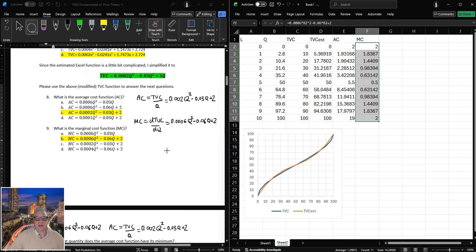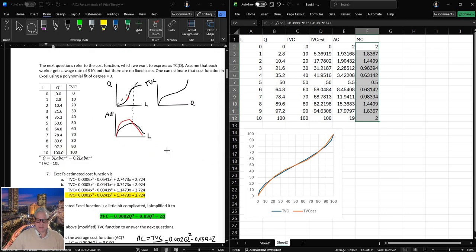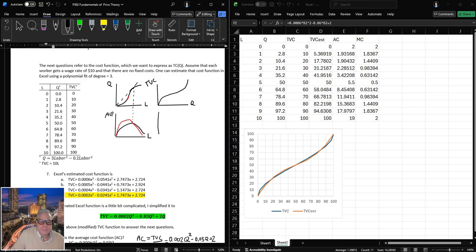Okay, so now let's take a look at it. But what we should expect is now something that looks like this. So we have marginal cost and average cost.